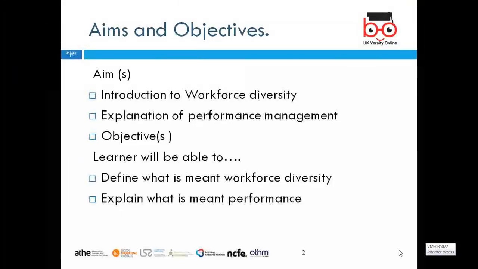Today our lesson is an introduction to workforce diversity, which we discussed, but today we will discuss what types of strategies and planning tools we use in our organization to have a diverse workforce and enhance performance within our own organization.